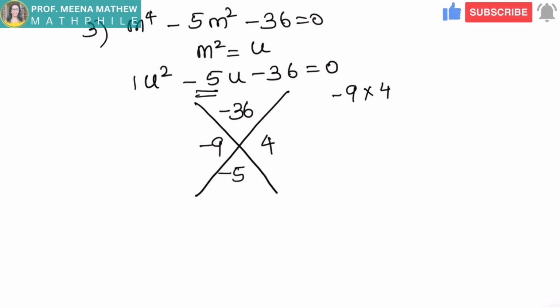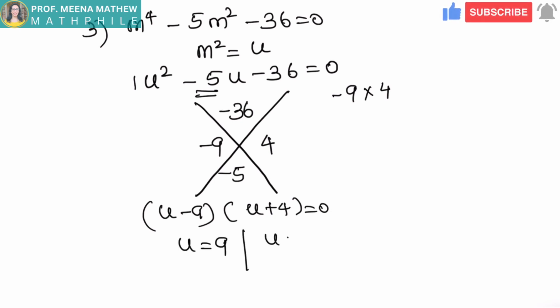So we can factor this: u minus 9 and u plus 4 equals 0. That is u equals 9 or u equals negative 4. So we can replace that u as m square because m square equals u. M square equals 9, m square equals negative 4.